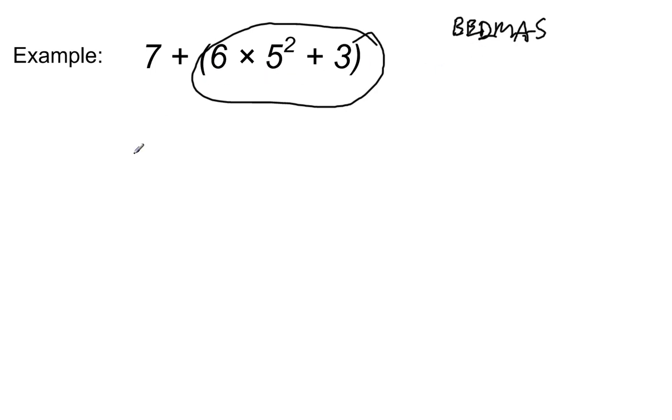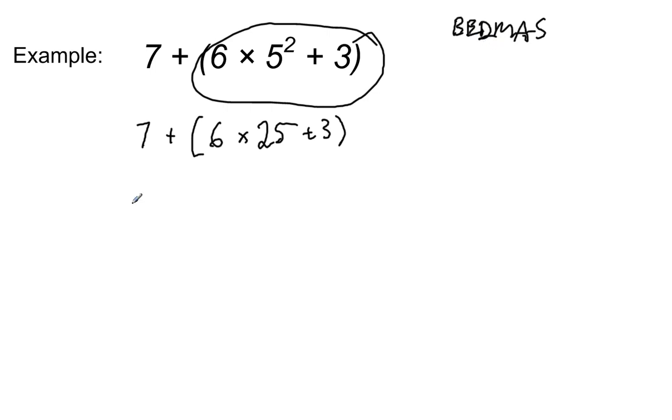So the first thing would be exponents. The 7 on the outside, because it's not inside the brackets, I'm dragging along for the entire ride. 6 times, if we're doing exponents first, 5 squared is 5 times 5, which is 25, plus 3. Okay, so I've done the exponents inside the brackets. There's no division.